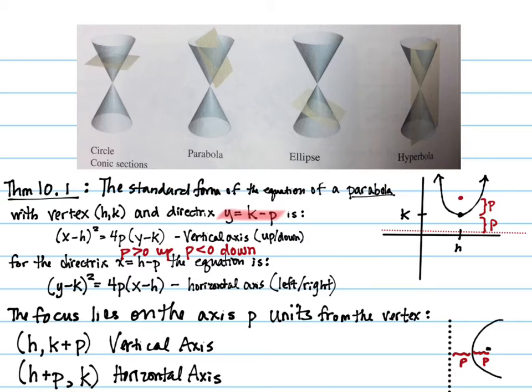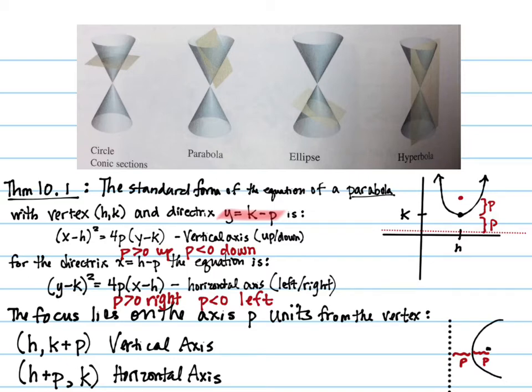So on the second one that we just wrote down, if p is positive, it opens right. That's the one I've drawn, so that it would mimic the same one I already drew. And if p is negative, it opens left. And you should see that that makes sense with my description here for my focus, right? I add p to my hk value right here. That moves me to the right.